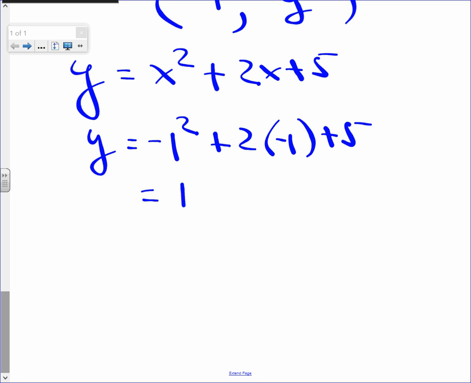Negative 1 times negative 1 is positive 1, plus 2 times negative 1 is negative 2, plus 5. Moving right along. 1 plus negative 2 is negative 1, plus 5 is positive 4, so y is 4.